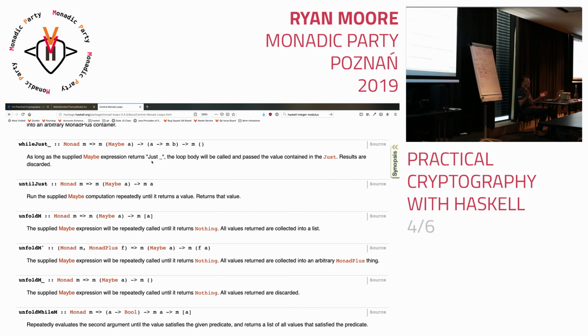So we're going to have an IO action that is closing over a maybe value of type A. Then we're going to have a function that takes in an A and returns the IO action of B. And then that is going to return an m of unit. This discards the results, and we can see that because of the way that this function returns unit at the end. So let's see if we can get this to work.